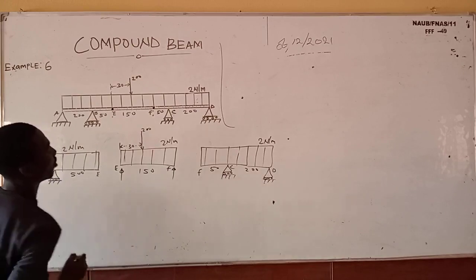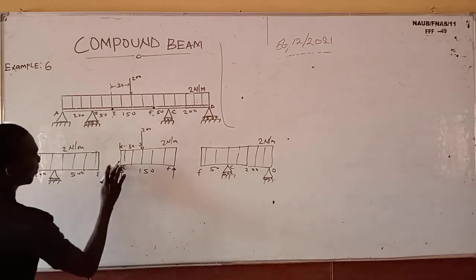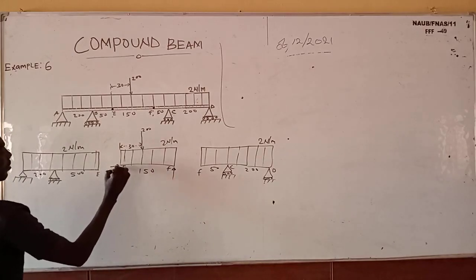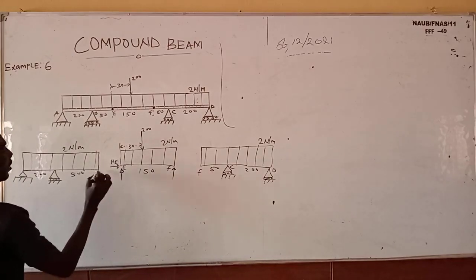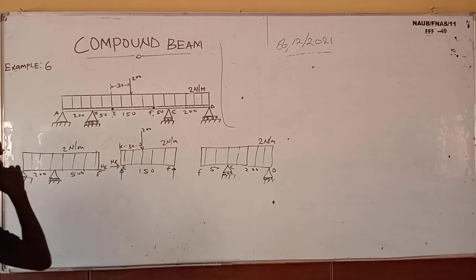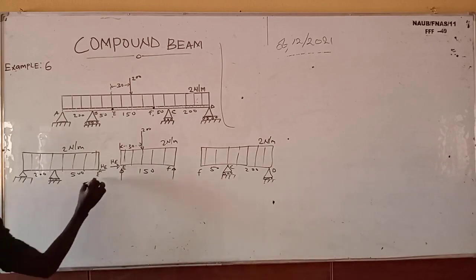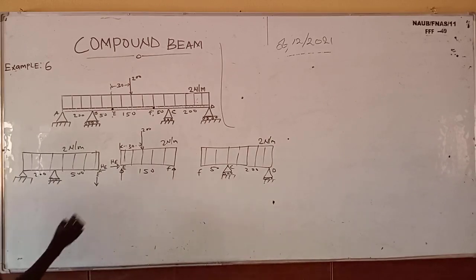Let's also give this upward reaction. So if we have something like this here as our HE, this one is going to act like this as our HE. This one is going to act like this, and this one is going to act downward.